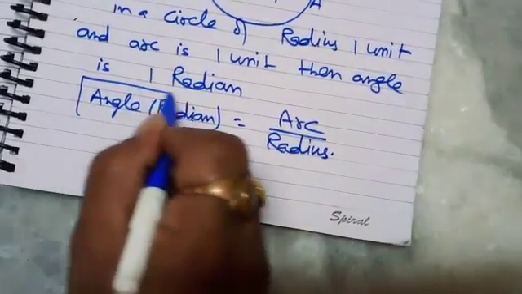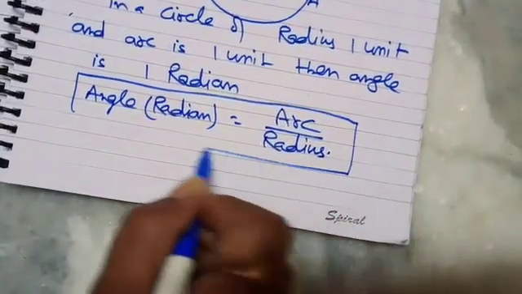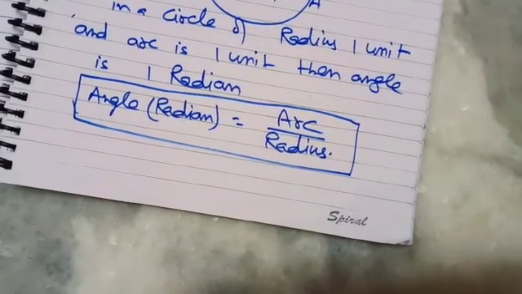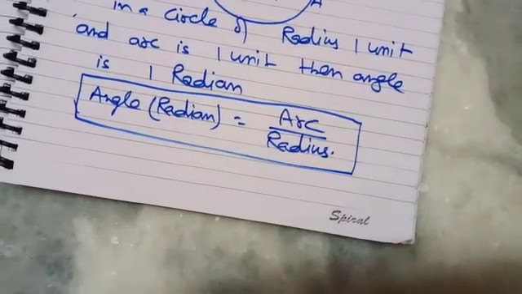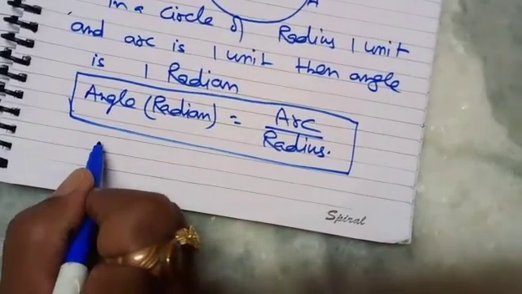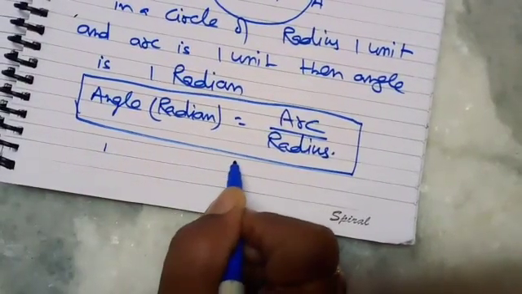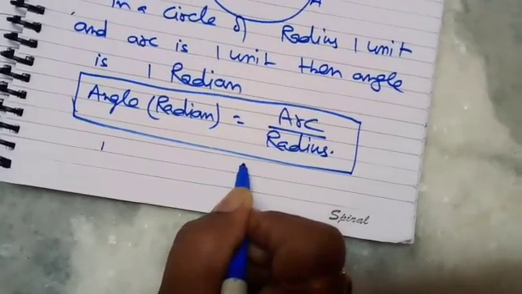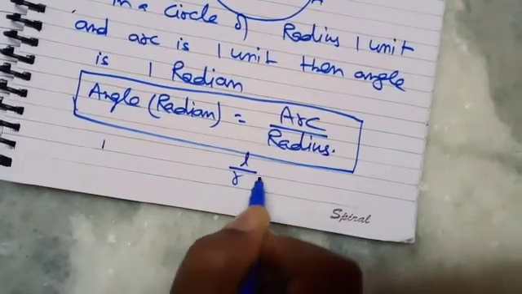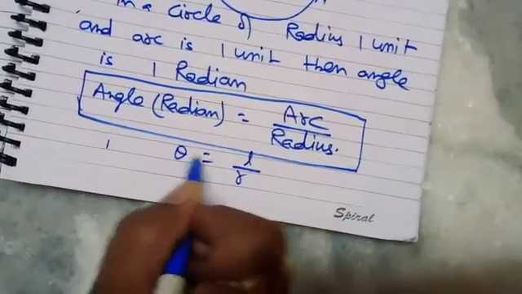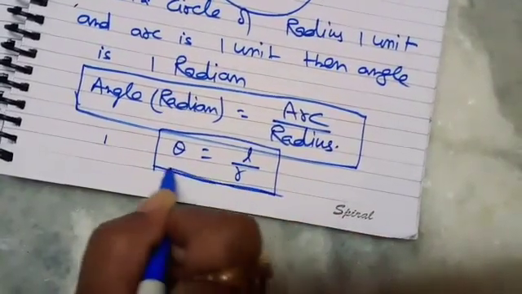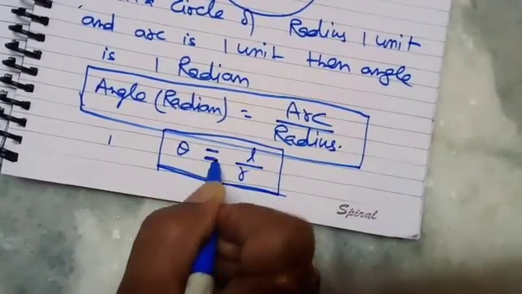In the system where the angle is measured in radians, angle in radians is equal to arc upon radius. So in a circle, if the arc is L and the radius is R and the angle is theta, then theta is equal to L upon R. You can verify this from the NCERT book also.